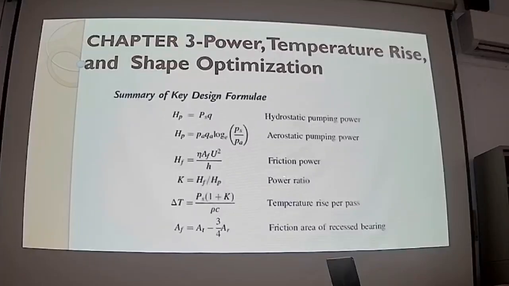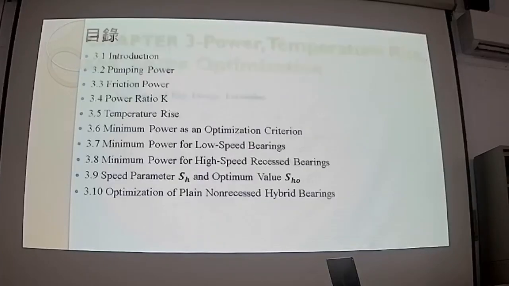So here we have a power ratio definition, the K value. We're using the K value to define the low speed bearing and the high speed hydrostatic bearing. Here is the main content: the pumping power, the friction power, power ratio, temperature rise.